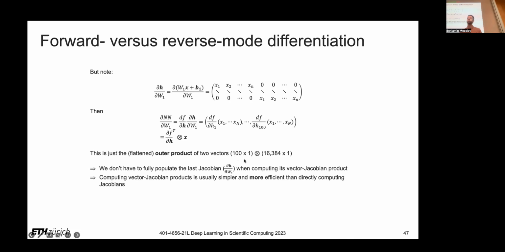So another key takeaway here is even though we have these massive Jacobian matrices, we don't actually need to populate them when we're doing gradient descent. What we actually only need to specify is the vector Jacobian product of each layer of the network, or each fundamental operation that we do.